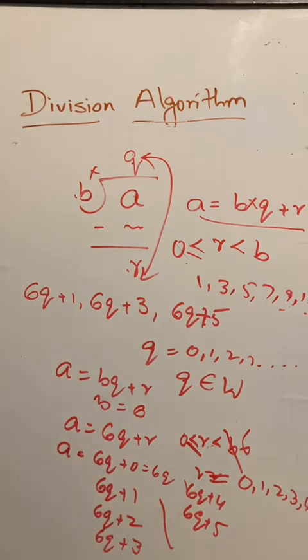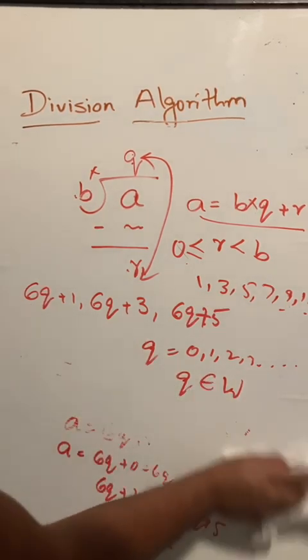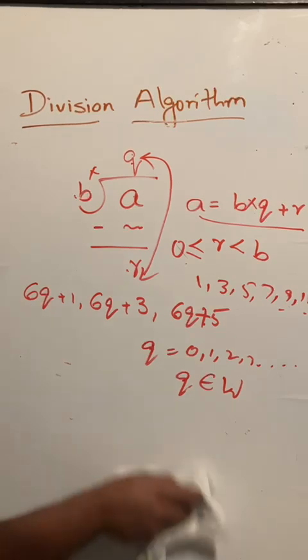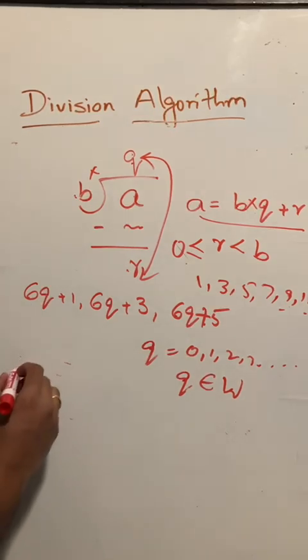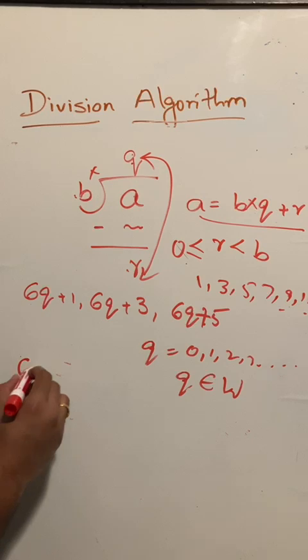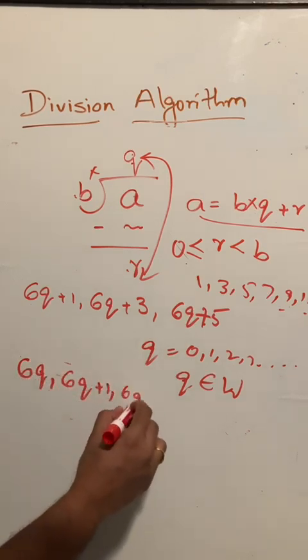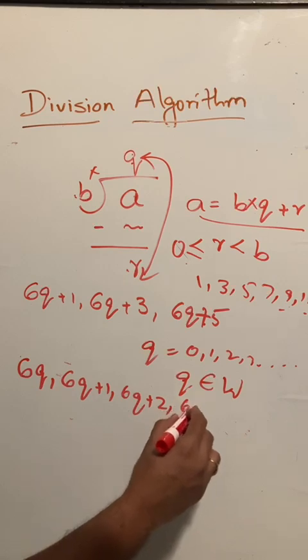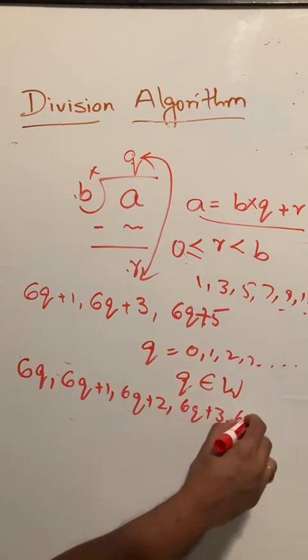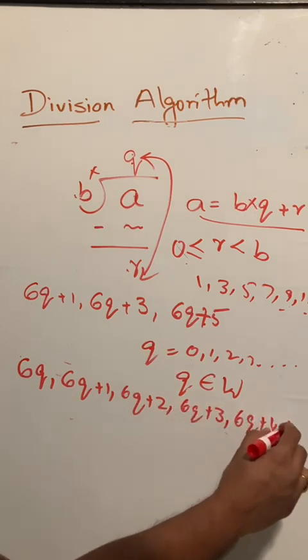So I will erase this. Any positive integer can be 6q, 6q plus 1, 6q plus 2, 6q plus 3, 6q plus 4, 6q plus 5.